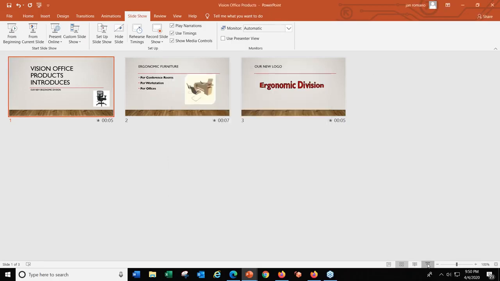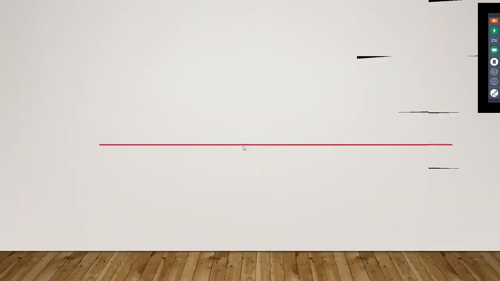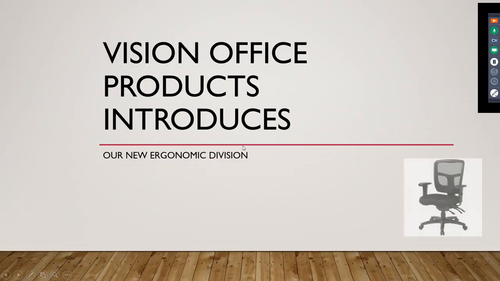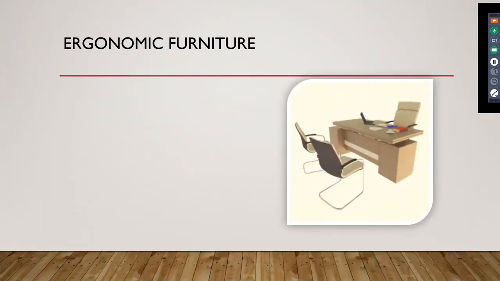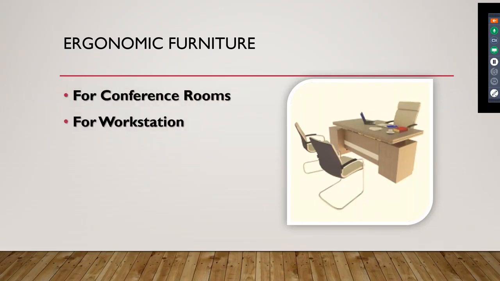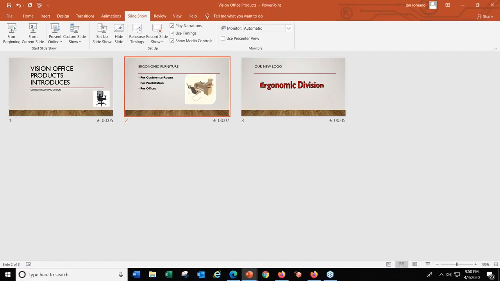And we ran the slideshow and it continually ran with our checkerboard transition and our 5 seconds timings, and the second slide stays on for 7 seconds. So hopefully that was something that you can practice and understand, and hopefully we made it simple for you.